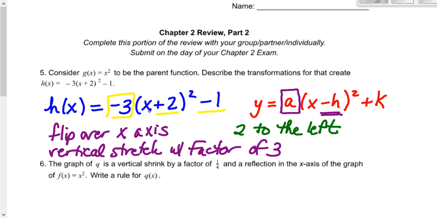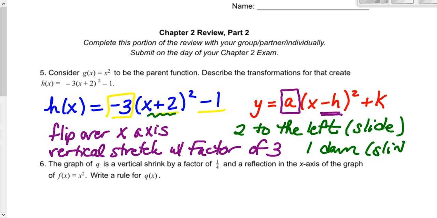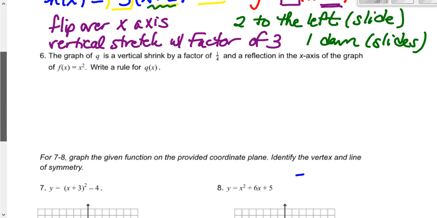Maybe not. And the -1 is affecting things vertically because it is not with the x. So the -1 is moving 1 down. And both of those things I wrote in green are slides as compared to the stretches or the flips that we would get from A.